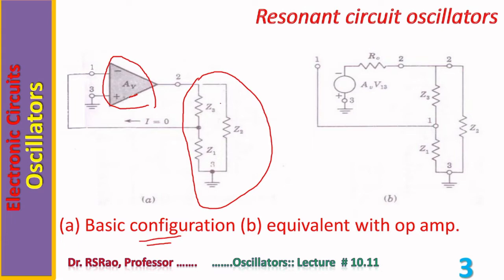Three impedances are there: Z1, Z2, Z3. In B is shown the equivalent circuit of the oscillator circuit that is there in A.